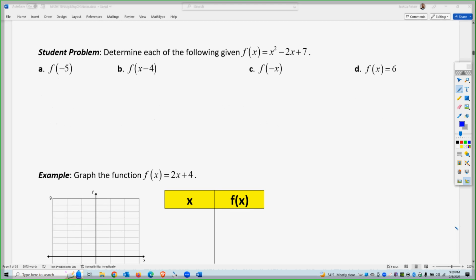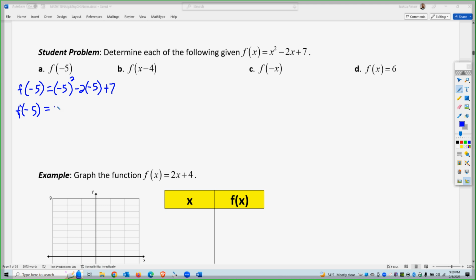Okay, let's say we're going to plug in negative 5. Always put parentheses first, because grouping symbols maintain the proper order of operations. Now we need to follow order of operations.